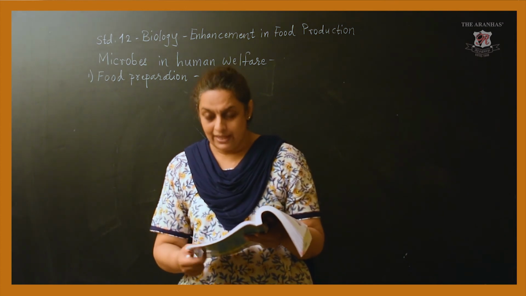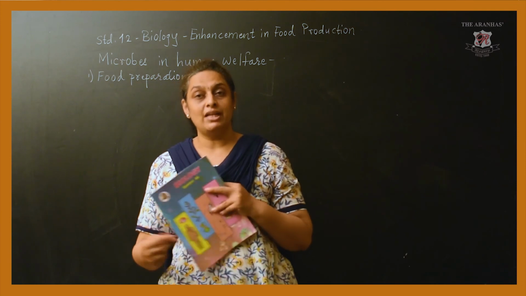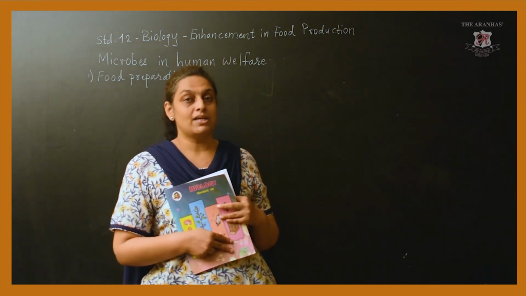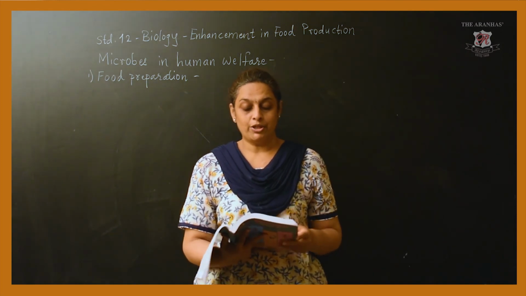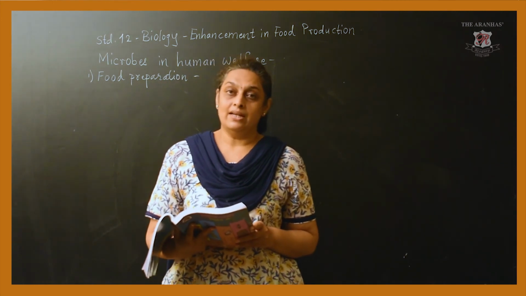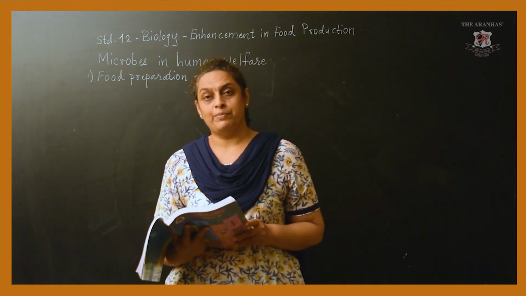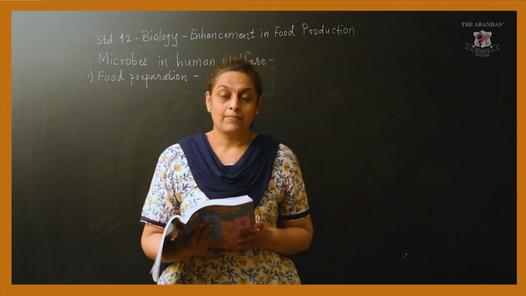Now in case of industries where food products are commercially manufactured, microbes are used. First one is production of alcoholic beverages. Basically here in alcoholic beverage preparation, the reaction is fermentation.